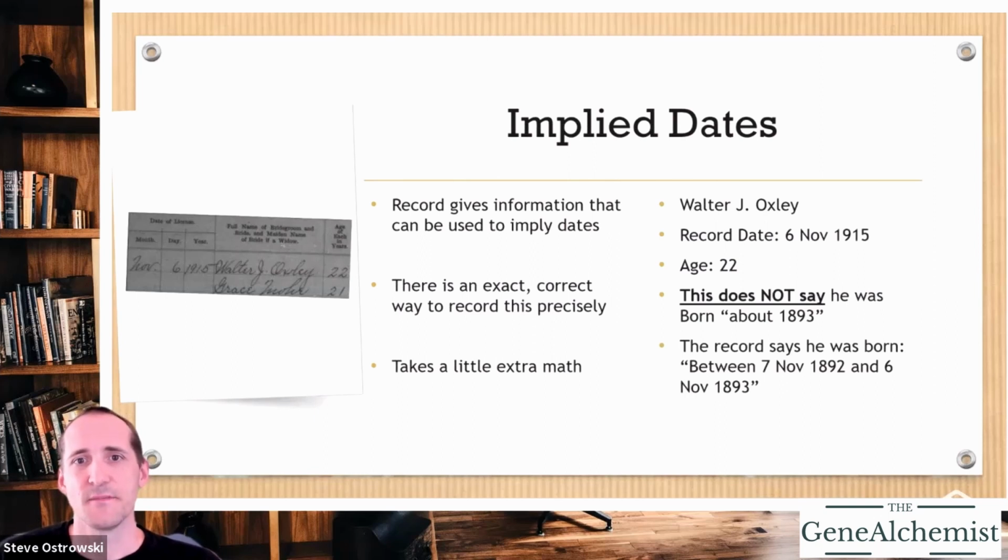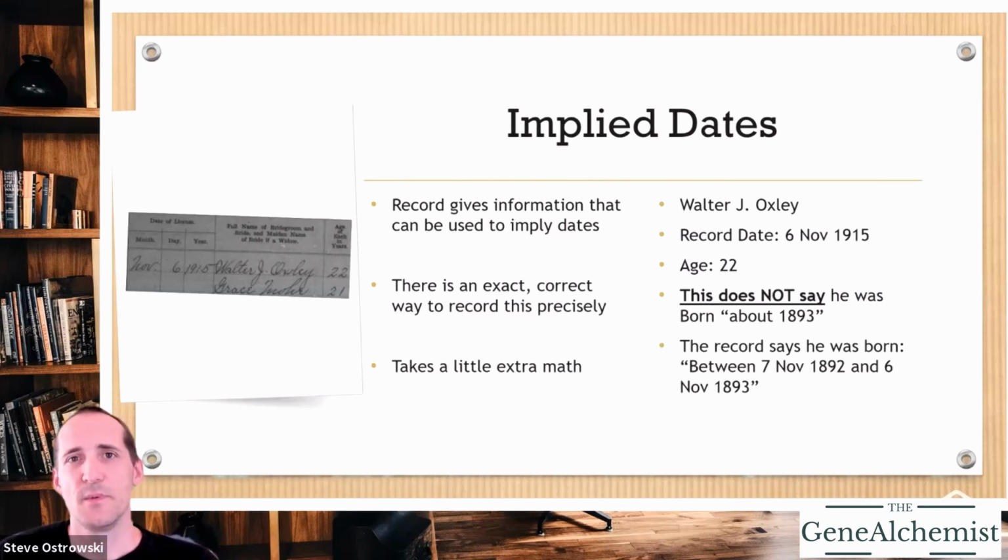Implied dates. The record might give information that can be used to imply a date. And usually this comes in the form of an age at a certain time of recording. What I'm going to say today is that there is an exact correct way to record the implied dates precisely.